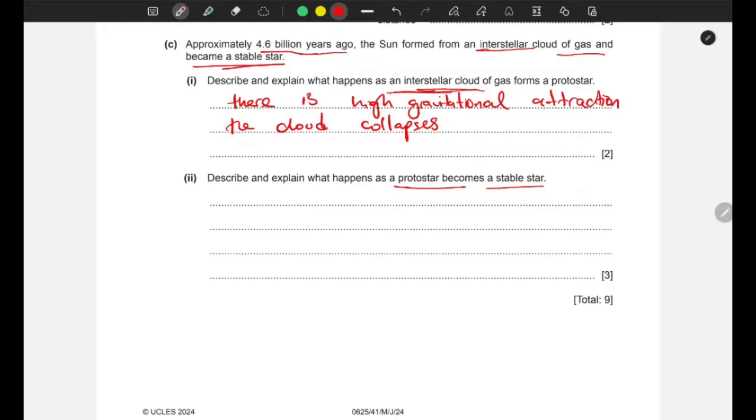When the temperature increases, there's going to be nuclear fusion inside the star. Because of this nuclear fusion and the high temperature, there will be an outward force.